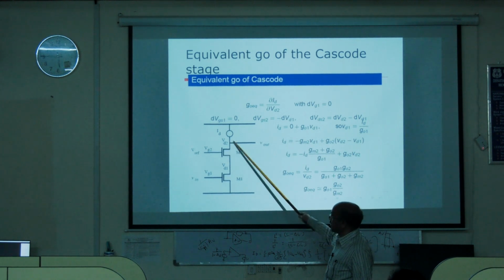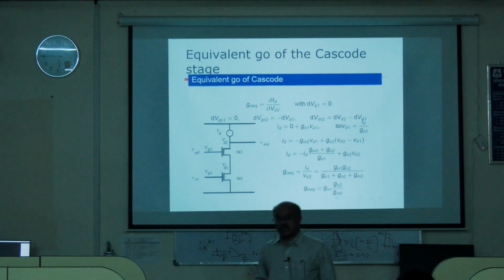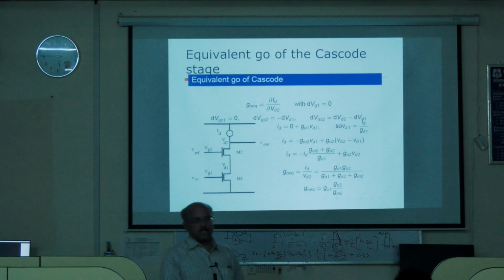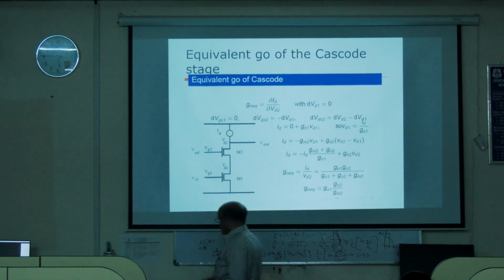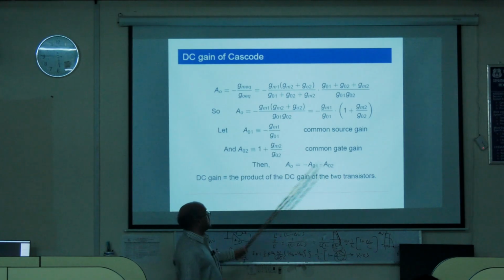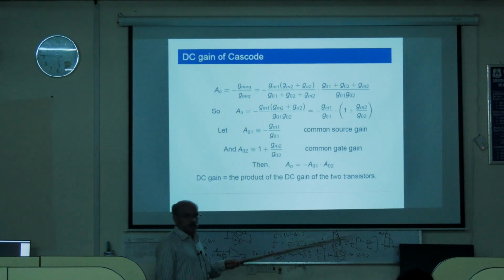So what is common between the output and the input? Gate. So it is a common gate. So a combination of common source and common gate is the cascode. So the gain for the first is gm1 by g01, or gm1 R01, and for the common gate amplifier this is the gain. So the overall gain is A01 into A02.